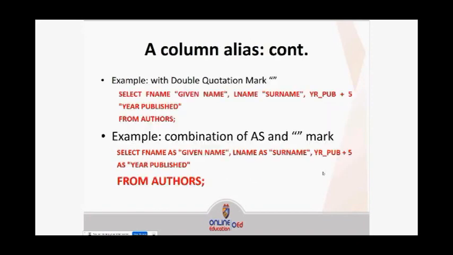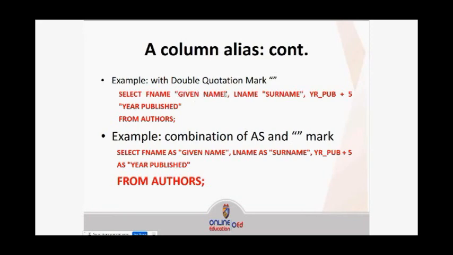Now, there are different ways to assign an alias. Yung una, yung tinuro ko na AS. Yung pangalawa, double quotation mark. Why? If your alias will, let's say, contain a special character like the space, like this one, you have to use the double quotation mark.